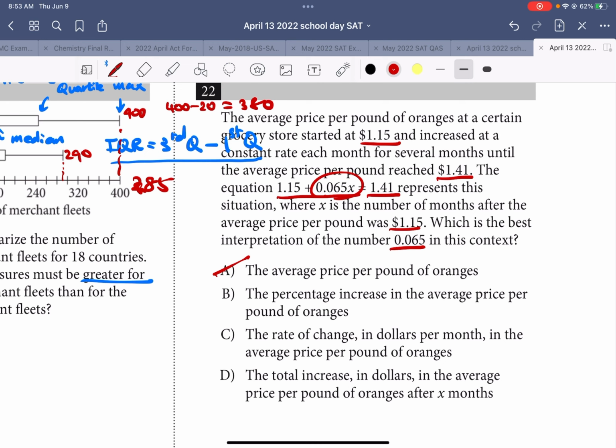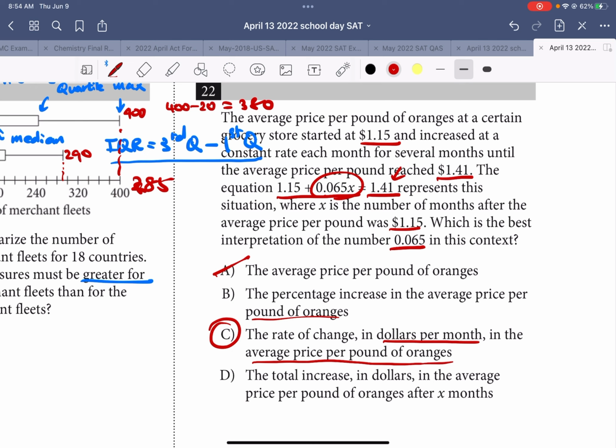They should say per month, but it doesn't say in here. So that's a rate of change. Actually, this is a dollar amount, right? So it's not just a percent. So it's the rate of change in dollars per month of the average price per pound of oranges. So the answer has to be C.